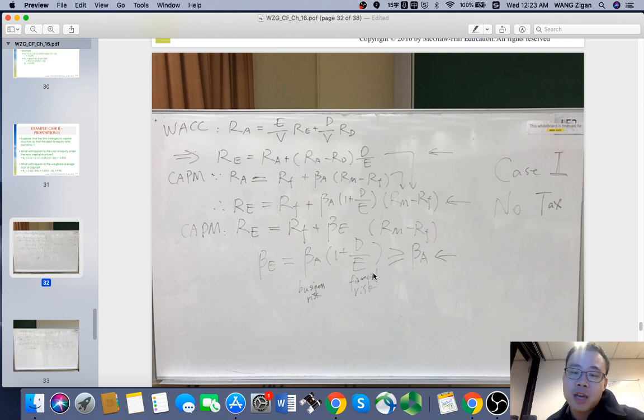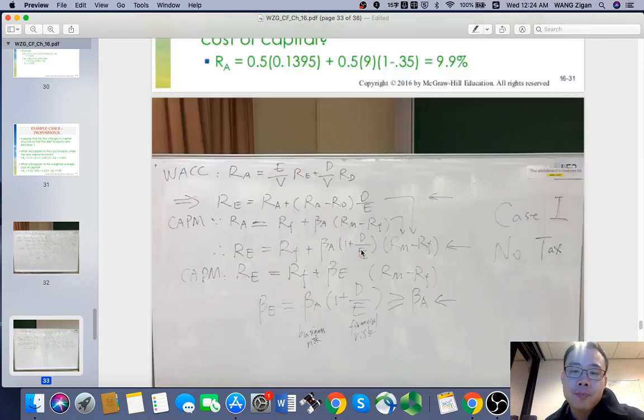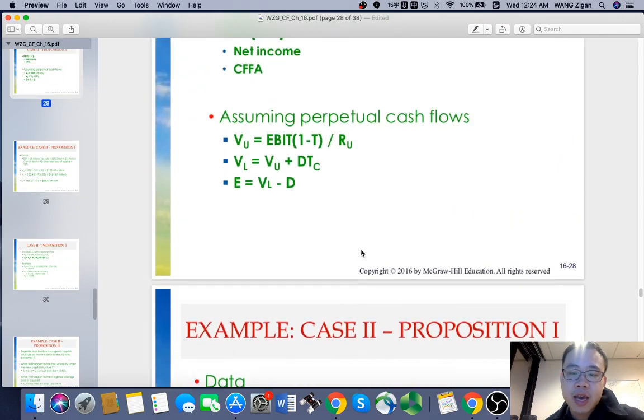But this is an extreme case. So usually these two are both positive. So we know that RE will be greater than beta A. It will be equal to beta A when D is 0, okay, when there are no debts.